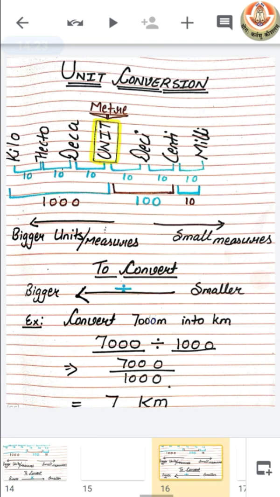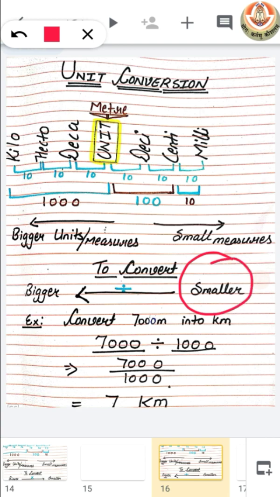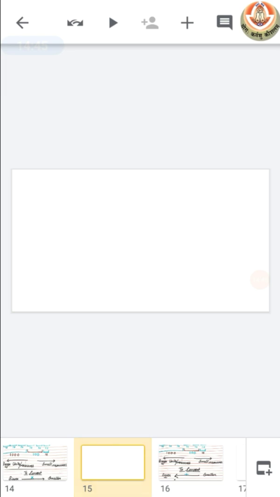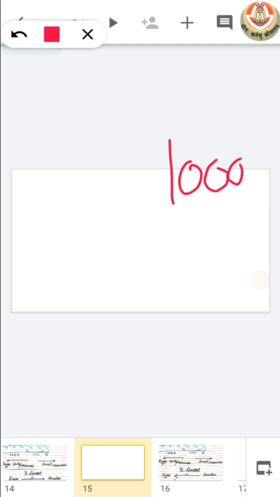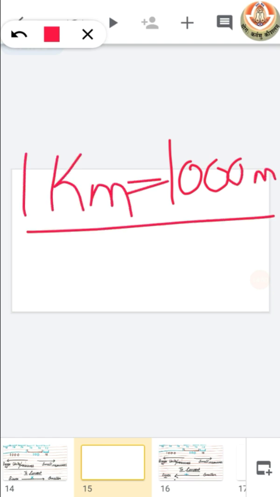Let's see what we have to do to convert a smaller unit into a bigger one. Now you can see here we have to convert a small unit to a big one. So let's see how we can convert 7,000 meters into kilometers. For this, first we have to keep in mind that there are 1,000 meters in 1 kilometer.